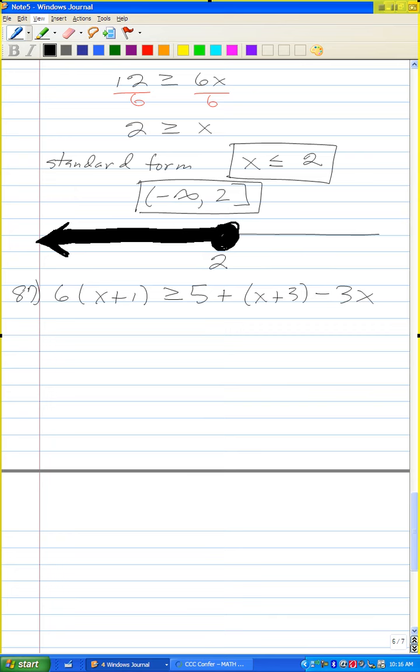Okay, so let me try to solve that. Let me multiply the 6 inside the parentheses.